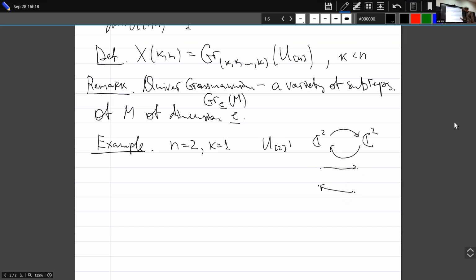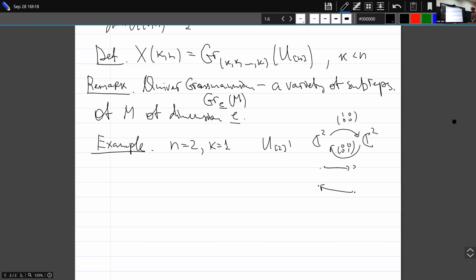So the two matrices are of the form (0 0; 1 0) and here (0 1; 0 0). Let me write them here. So I have two maps between the two-dimensional vector spaces, and these are the matrices corresponding to these maps.